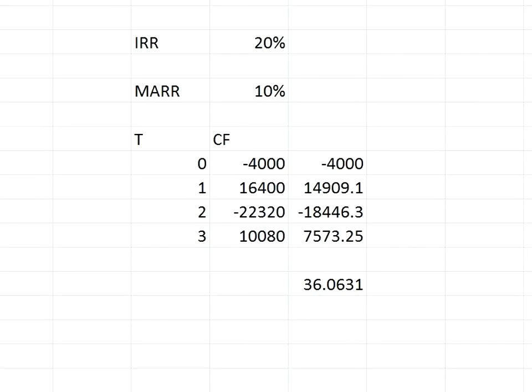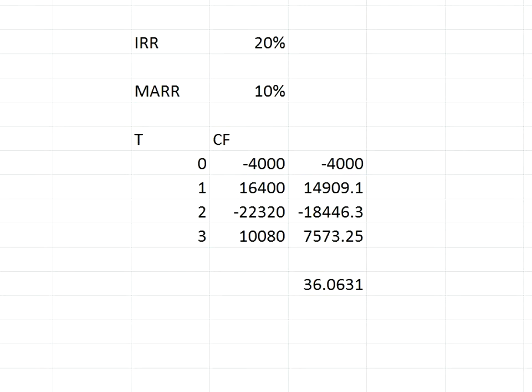As you saw in the graph, there are three roots to solve the problem. That is, there are three positions in which the present worth was equal to 0. And the reason why we have three is because there are three changes in the sign of the cash flows.